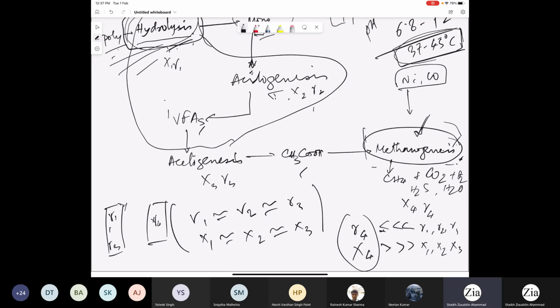This is very true with solid handling reactor systems. Whenever you try to digest food waste, or use a system where you have a huge amount of carbon, it can be easily degraded by the first three bacteria and produce a lot of acid, and that acid can inhibit the methane.